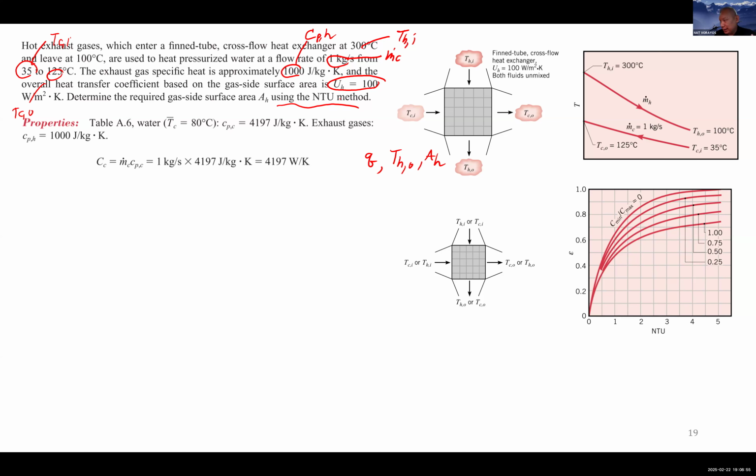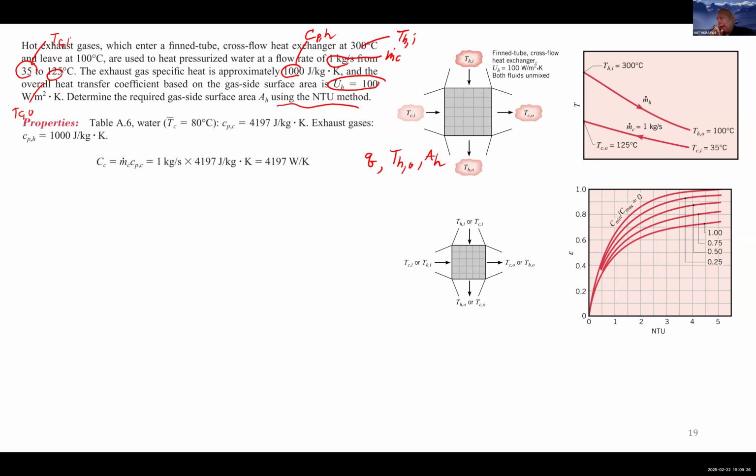Let me repeat myself again. If you want to use the delta T log mean temperature approach, you need at least 3 temperatures. 4 is the best, 3 is enough.